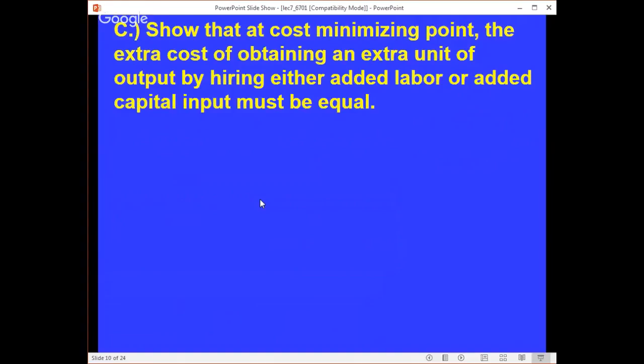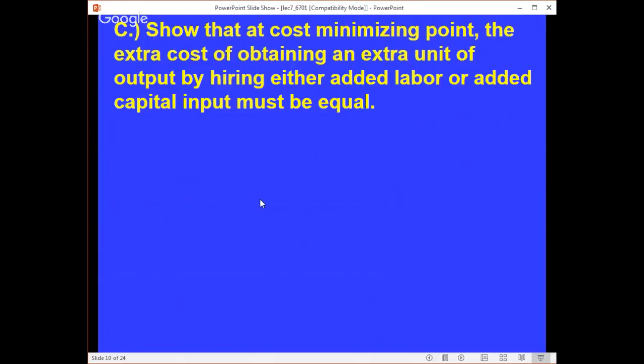Okay. Show that the cost minimizing point of an extra cost of obtaining an extra unit of output by hiring either added labor or added capital must be equal. The truth is, you've already done this. Because I solved for lambda in the first order equation, lambda in the second order equation, right?